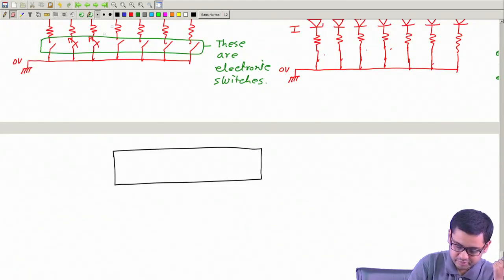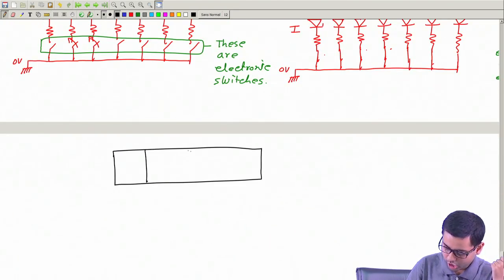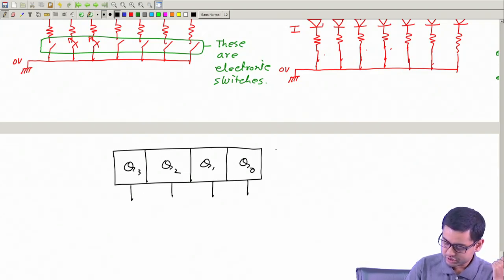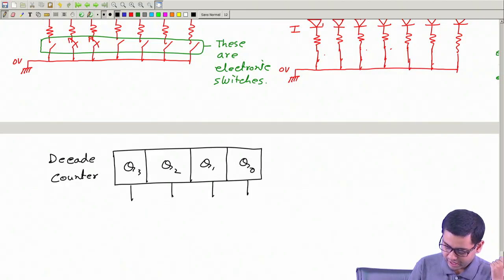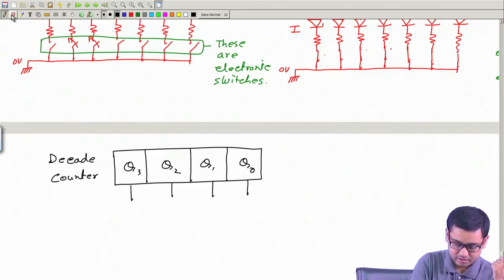So let me draw these 4 outputs or flip-flops just like this for simplicity. Q0, Q1, Q2, Q3. So these are the 4 outputs. So this is a decade counter or decimal counter. Okay, and it has an input.